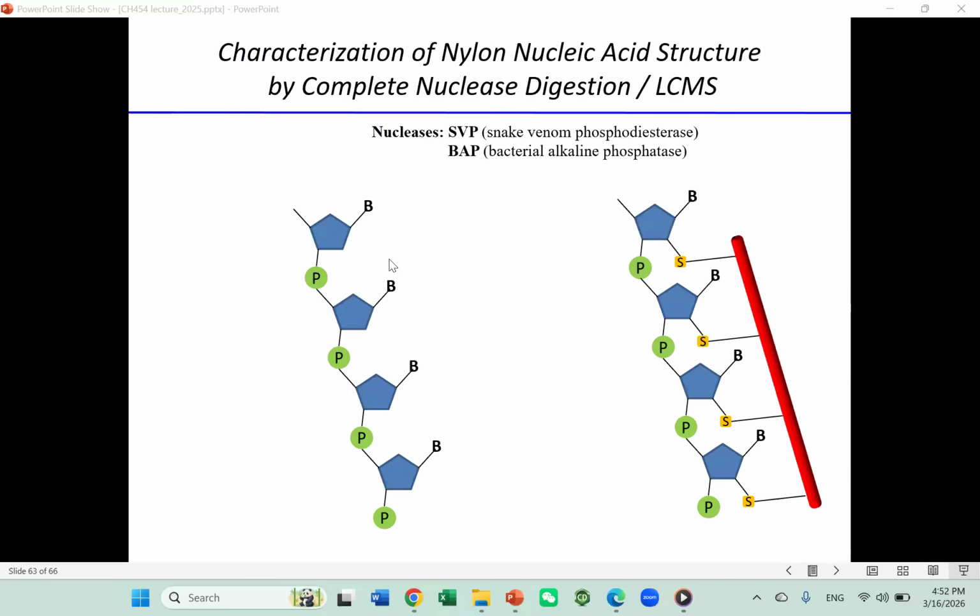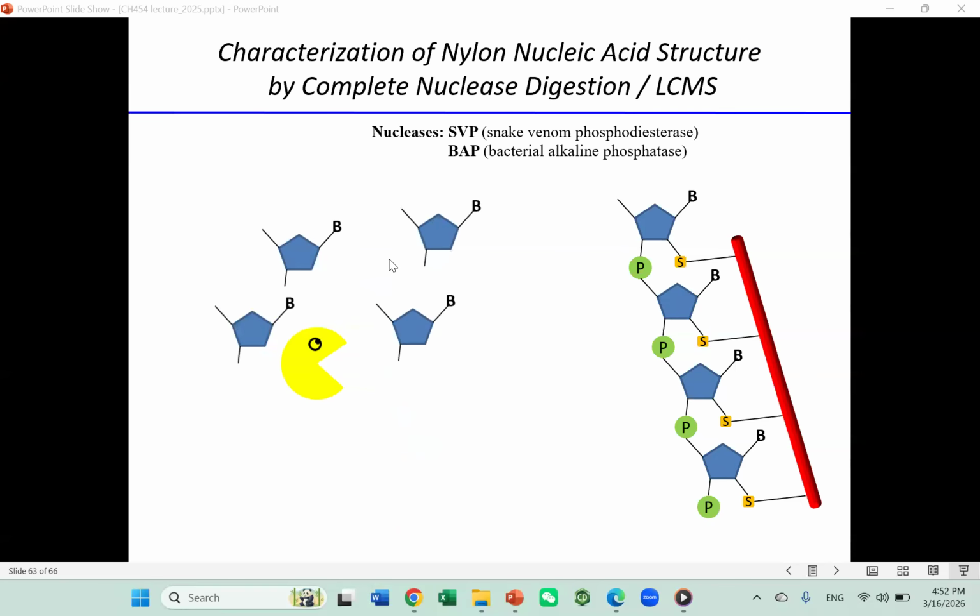When I was a graduate student, I did a lot of this kind of work. It's pretty powerful. Here's one project I did before. For normal DNA, if I apply these two enzymes, it will cleave into individual nucleosides.